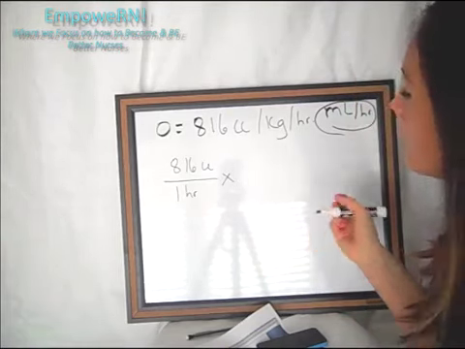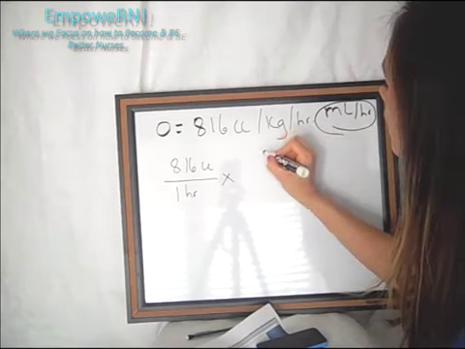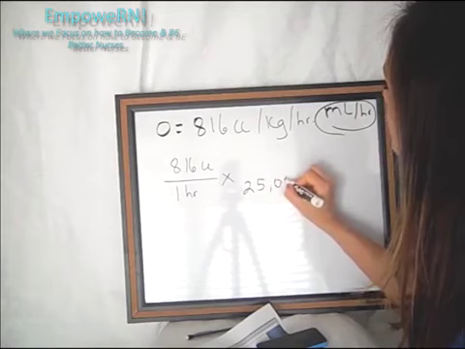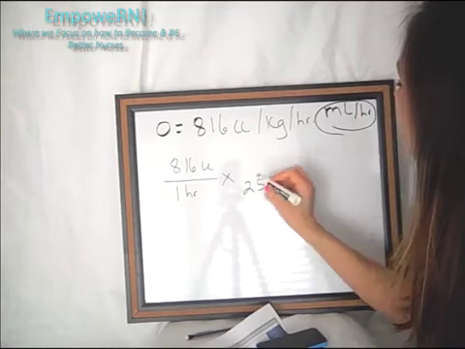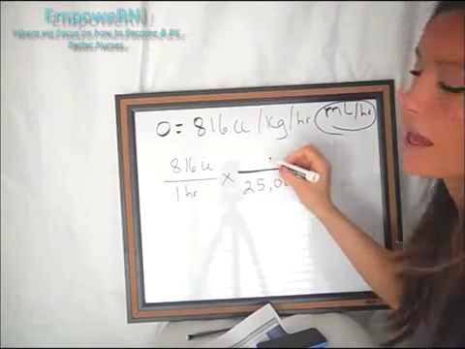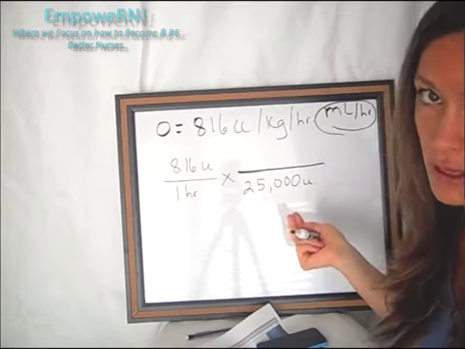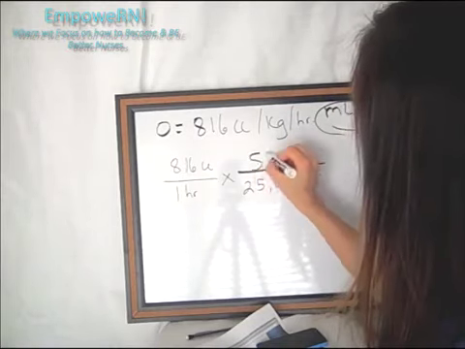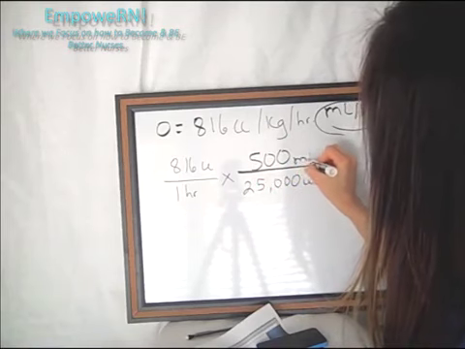On hand, heparin usually comes in 25,000 units per, it's either 250 or 500 mLs. I've only seen 500, so I'm just going to do 500 mLs.